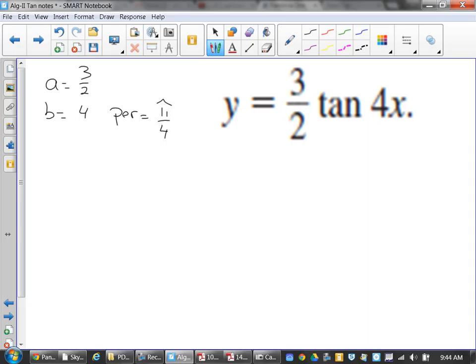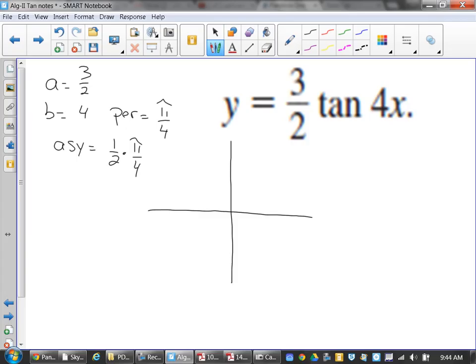So we plot it. Pi over 4 is the period. In order to get your asymptotes, it is going to be 1/2 times pi over 4. What's 1/2 times pi over 4? Pi over 8.